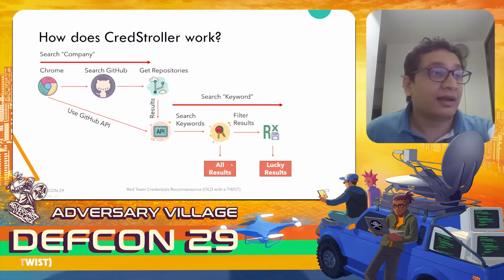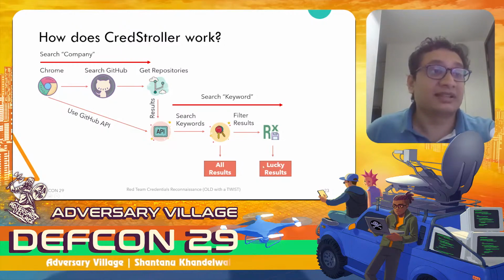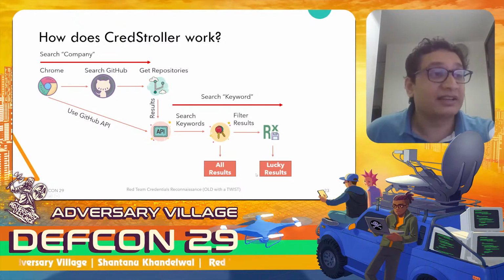After all of these results are gathered, they are filtered using the regex, and then we get the lucky results. So lucky results are basically a subset of all results, coming from all results after applying the regular expressions.